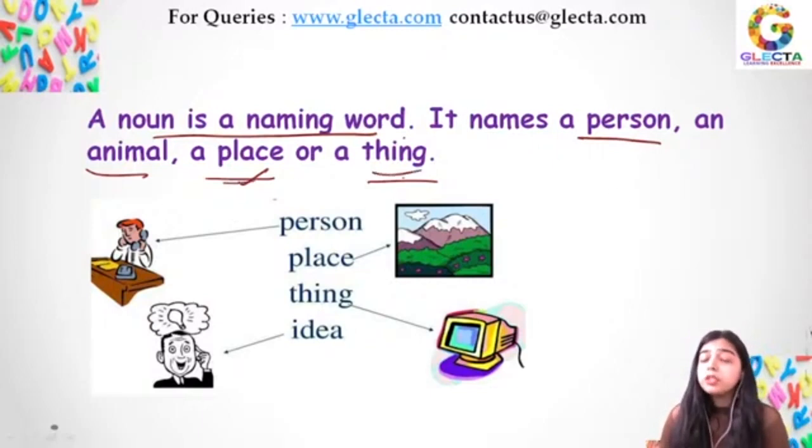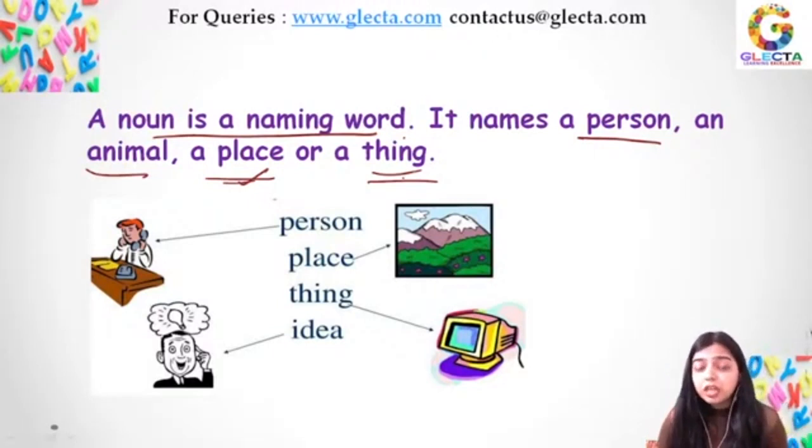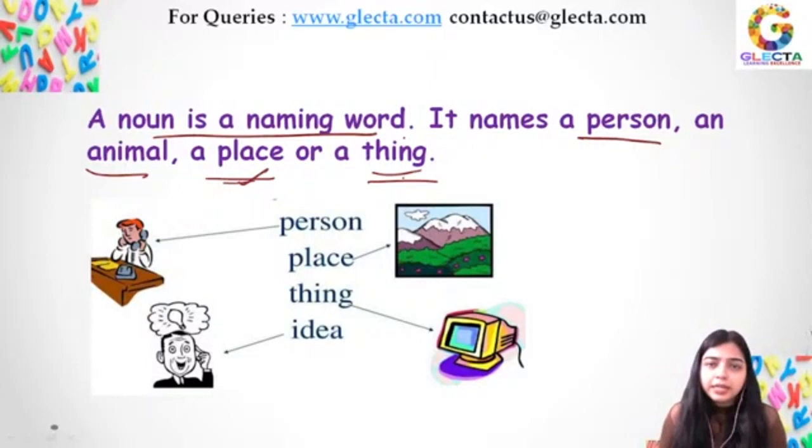Now last but not the least, things. So anything that we can name, anything that we use. For example, to have this conversation and to help me write, I'm using this pen. I'm also using a mic. I'm using a laptop, a camera, a pen, a tab.